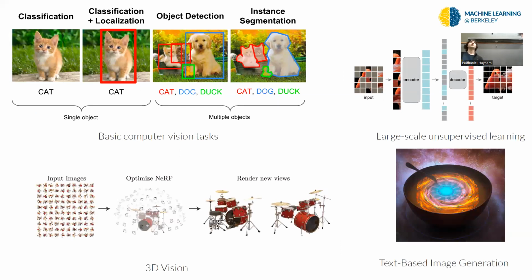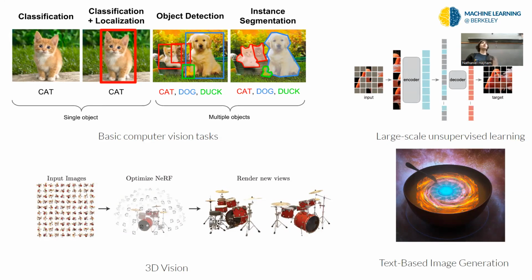So here are some more popular applications. On the bottom right, we have Stable Diffusion. I believe the prompt for this one was "imagine a universe inside of a bowl of soup." That's kind of crazy, and the math behind it is even cooler. On the bottom left, we have some 3D vision.